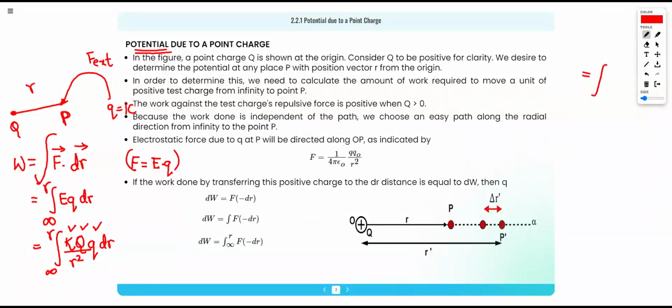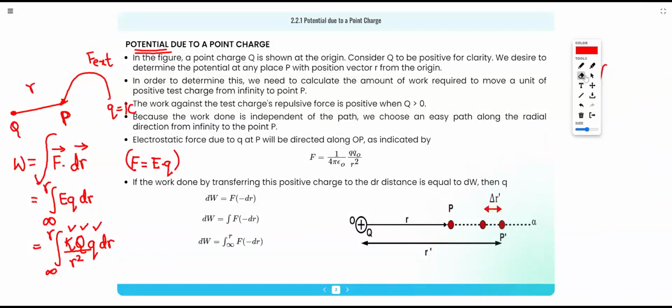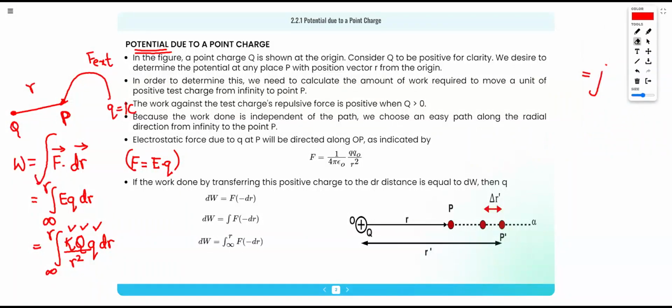We can write this as K constant out, Q constant out, q constant out, and integration of what?